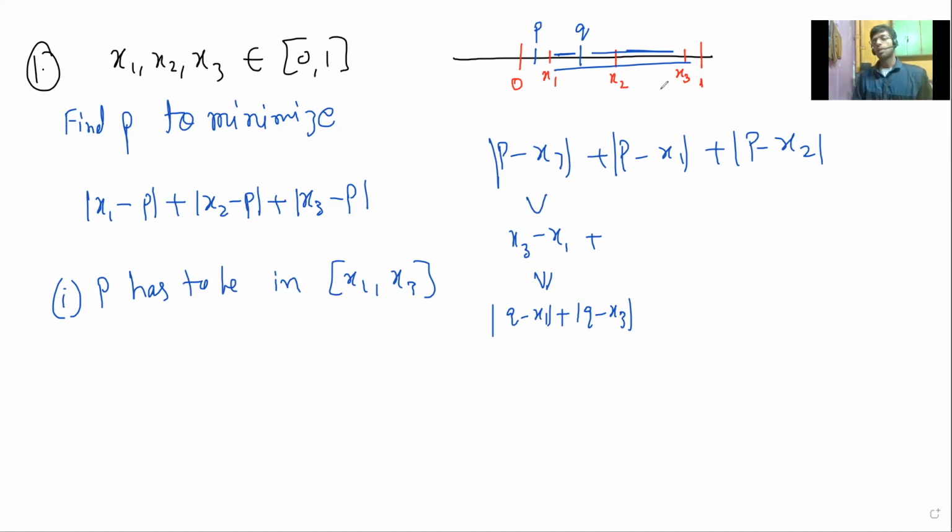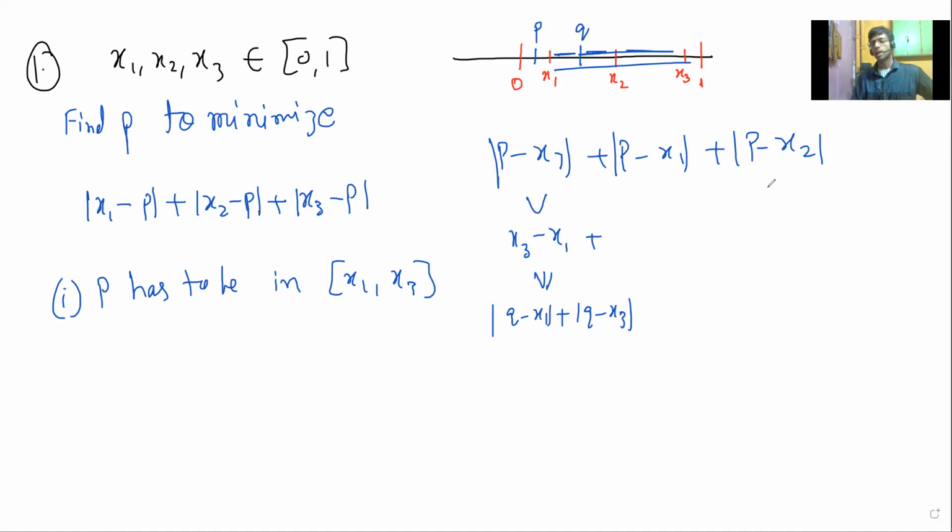And also, if a point Q is inside, then, or rather, I should just say if a point Q is on the left of x2, then its distance from x2 is less than the distance of P from x2, right?